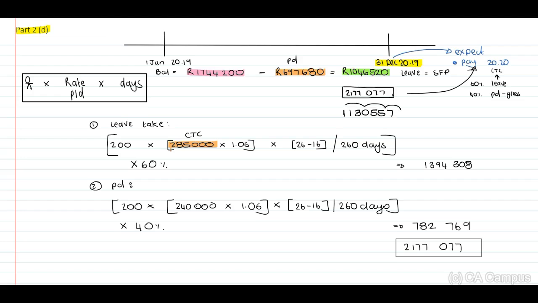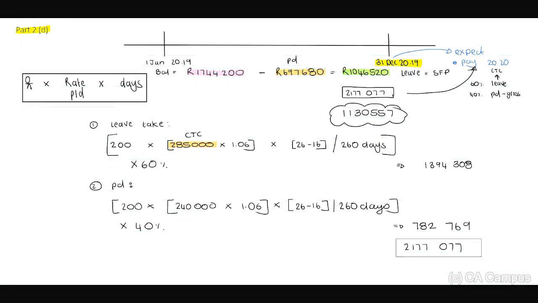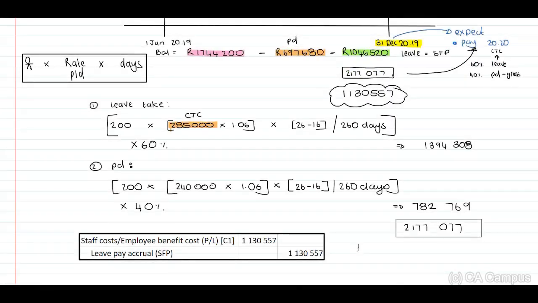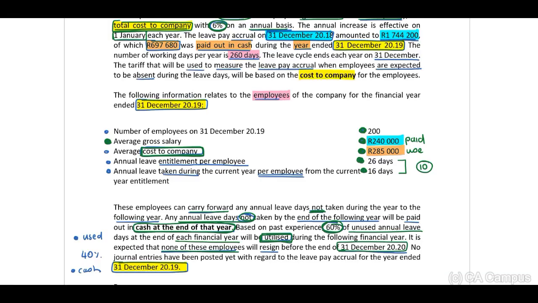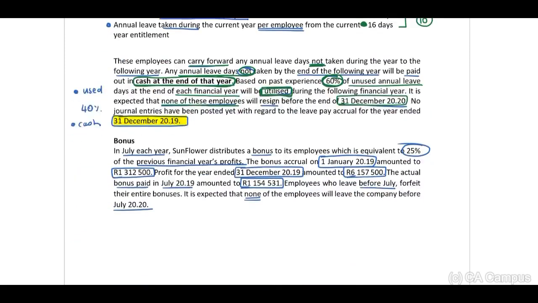Now, if we increase the provision, we will have to debit our expense and credit the leave pay accrual. Therefore, we will debit our employee benefit costs, profit and loss, and credit our leave pay accrual, statement of financial position.